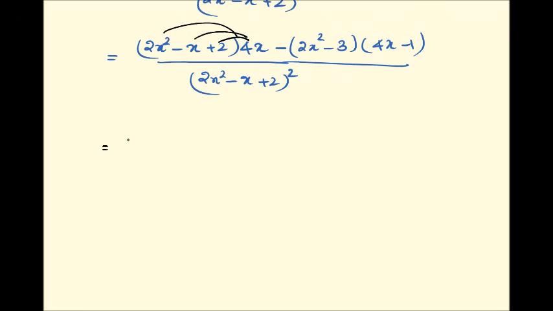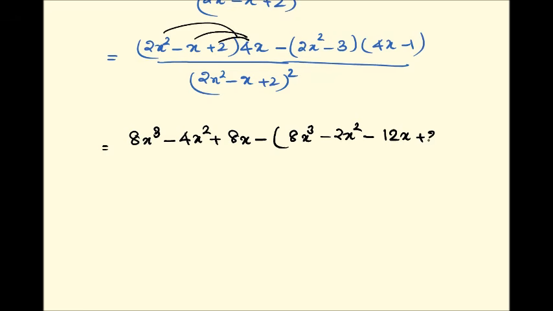That's equal to 8x cube minus 4x square plus 8x minus 8x cube minus 2x square minus 12x plus 3, the whole divided by 2x square minus x plus 2 the whole square.